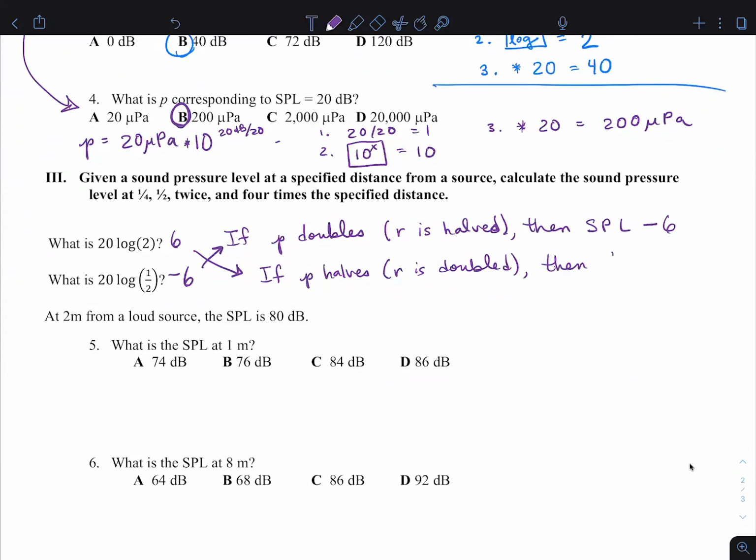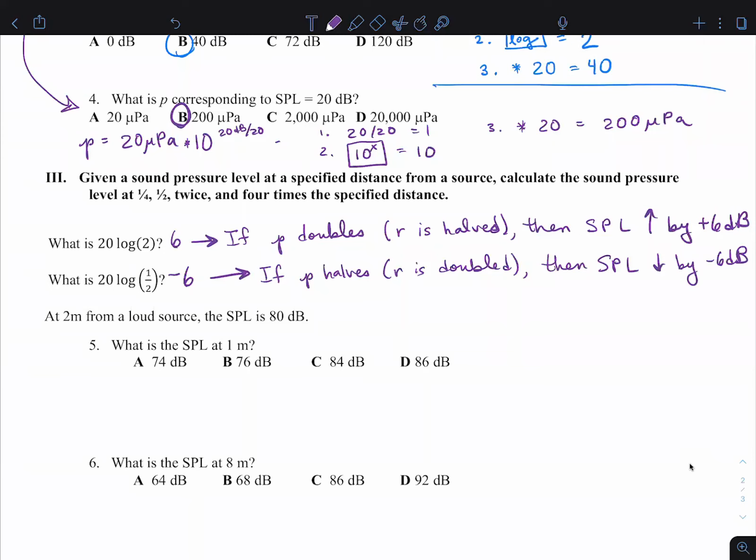Let me try one more time. If the pressure doubles, the distance is half, it has to be louder, so the sound pressure level goes up by 6 decibels. If the pressure is half, because the distance has been doubled, then the sound pressure level decreases by minus 6 dB.